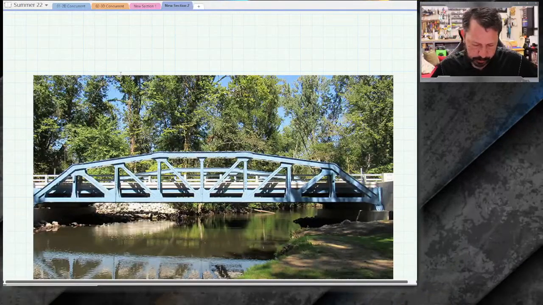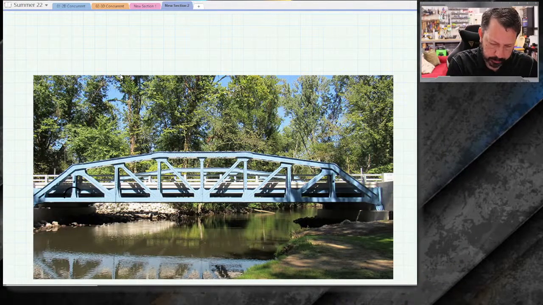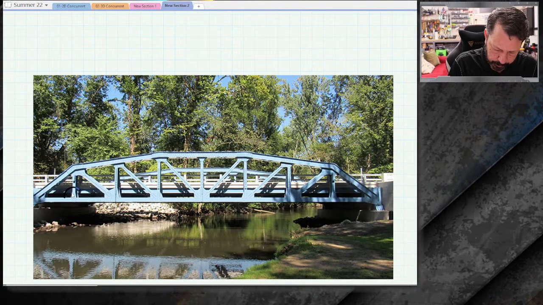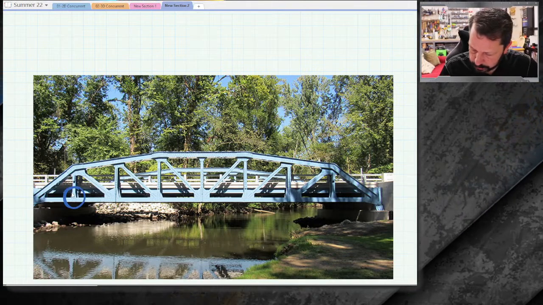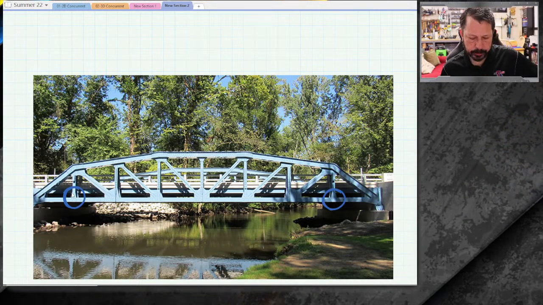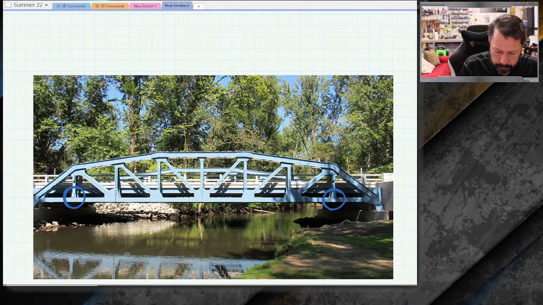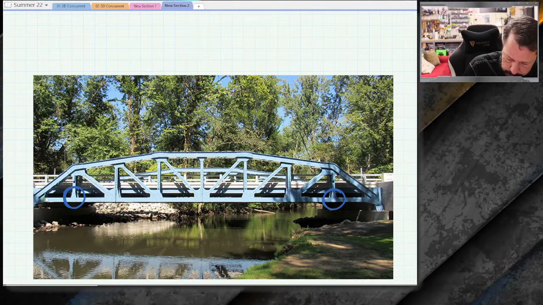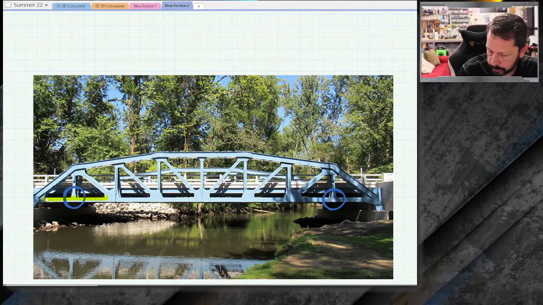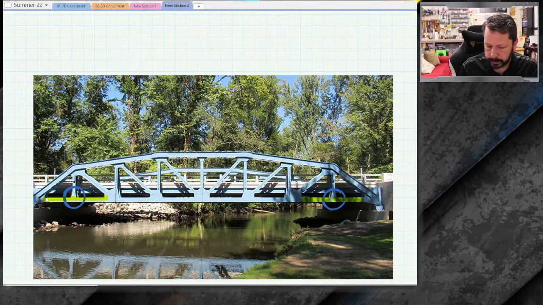So this joint, and let's draw with some color that's going to show up, right here and right here. Those joints have 2 collinear members. You know, the bottom pieces are collinear.